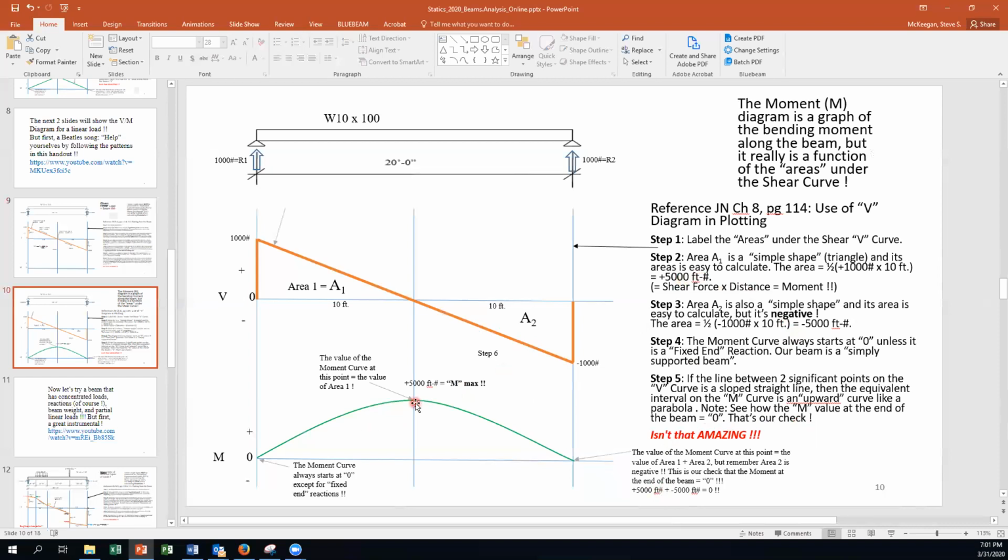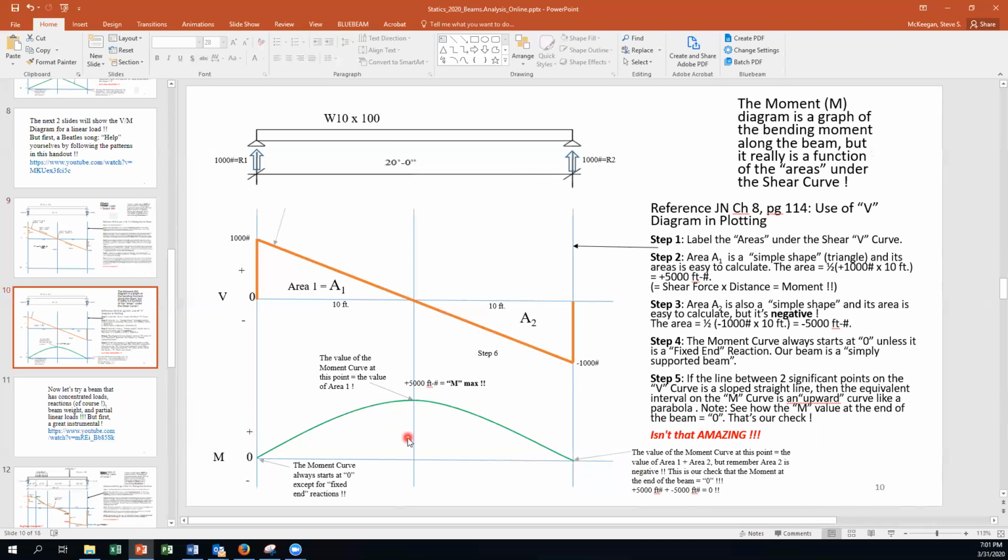So that's the value of the moment curve there. And then area 2 is added to that, but area 2 is negative, so that brings you back to 0. Or you can say that the moment at this point is the value of area 1 plus area 2. So there's a couple of ways to describe that.